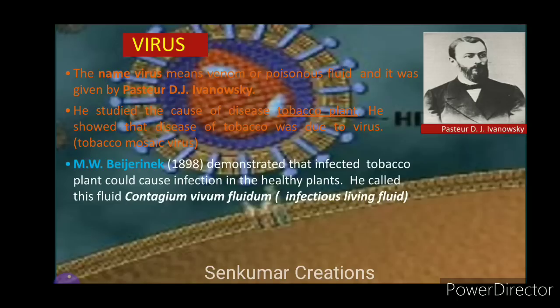Next, M.W. Beijerinck in the year 1898 demonstrated that an infected tobacco plant could cause infection in healthy plants. He called this fluid Contagium vivum fluidum, infectious living fluid. If one plant is infected, it spreads completely to all other plants in the field.